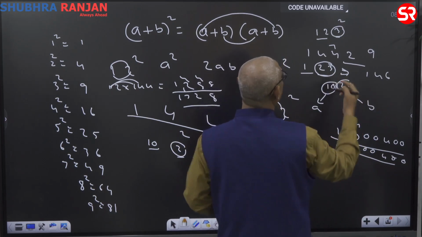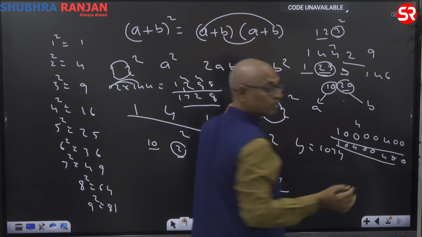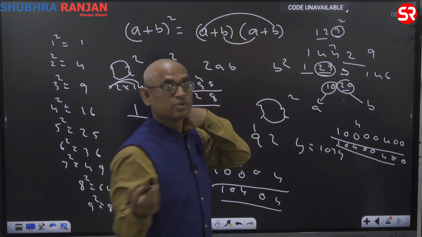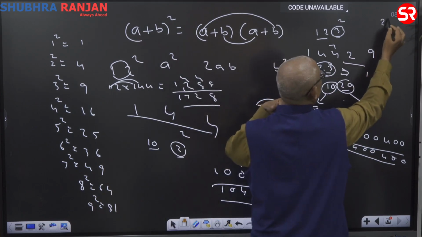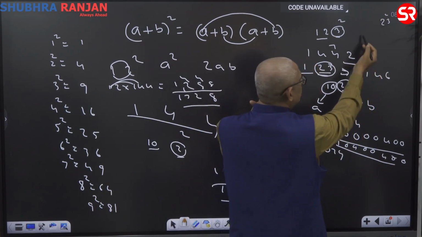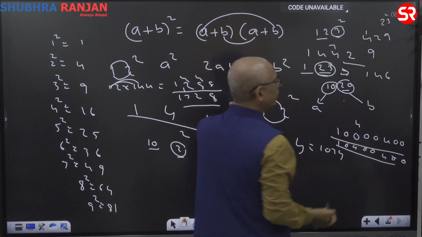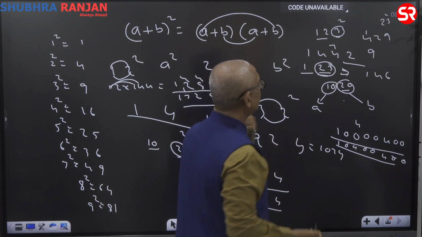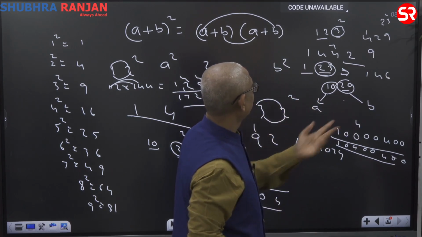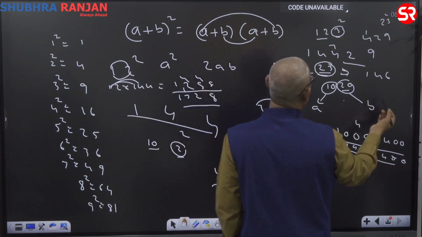No, 23, sorry. 23 square. 23 square is how much? We are taking B, na, 23. So 4, 12, 9, 529. Okay. So write 529.